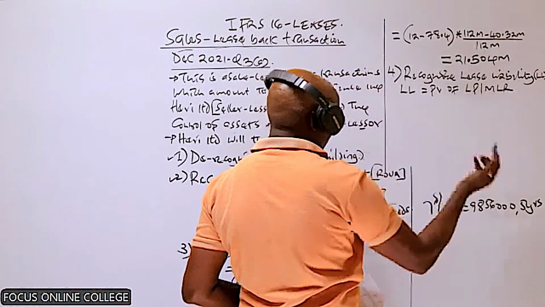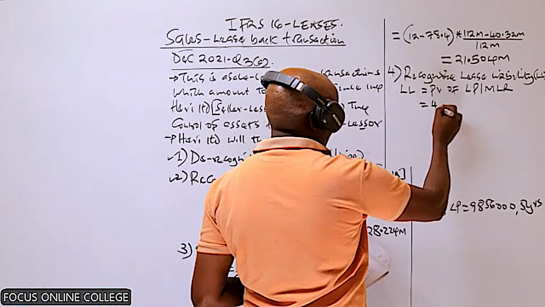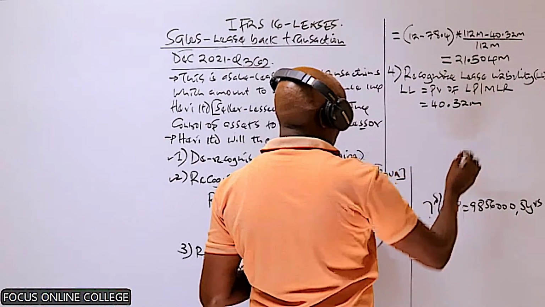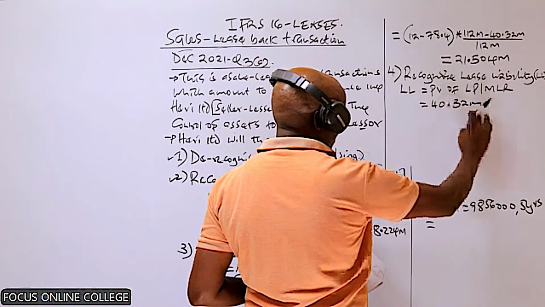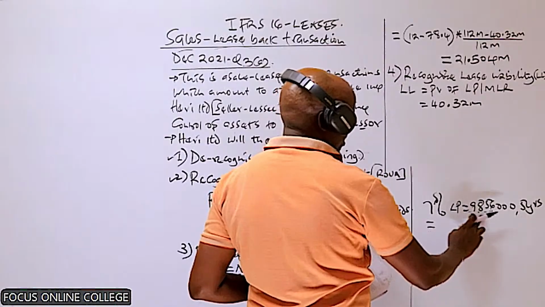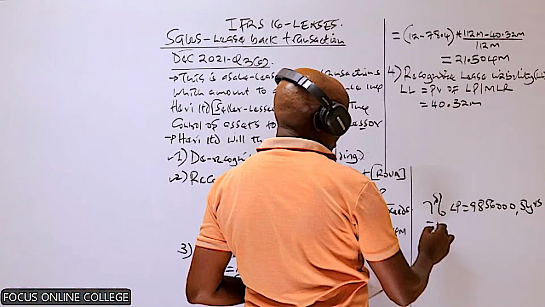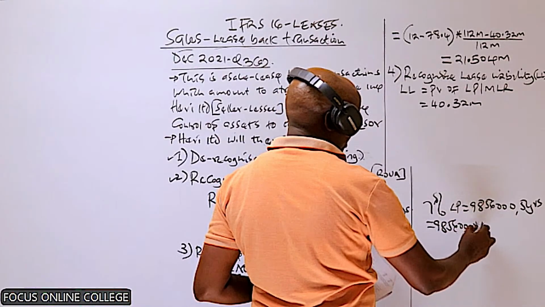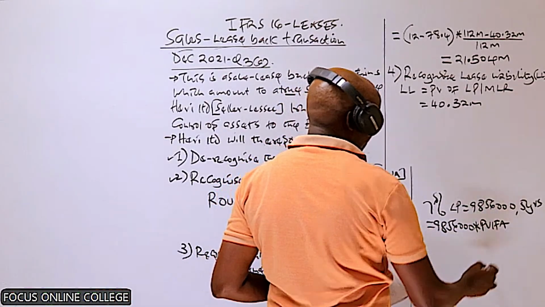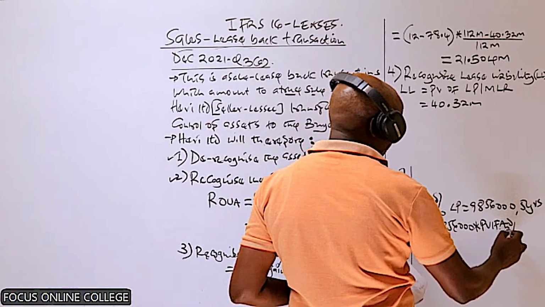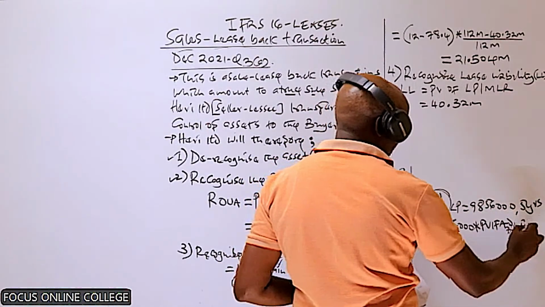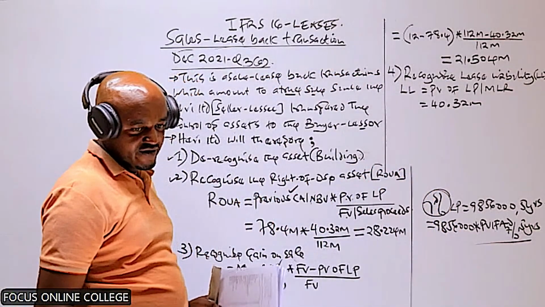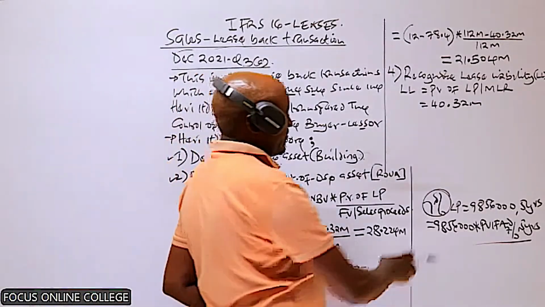So to get this, which has already been computed for us as an amount of 40.32 million, this one should be equal to, if it was not given, the present value of this, 9,856,000 times the present value interest factor of annuity at the rate of 7% for 5 years. So it should give us the same value here.